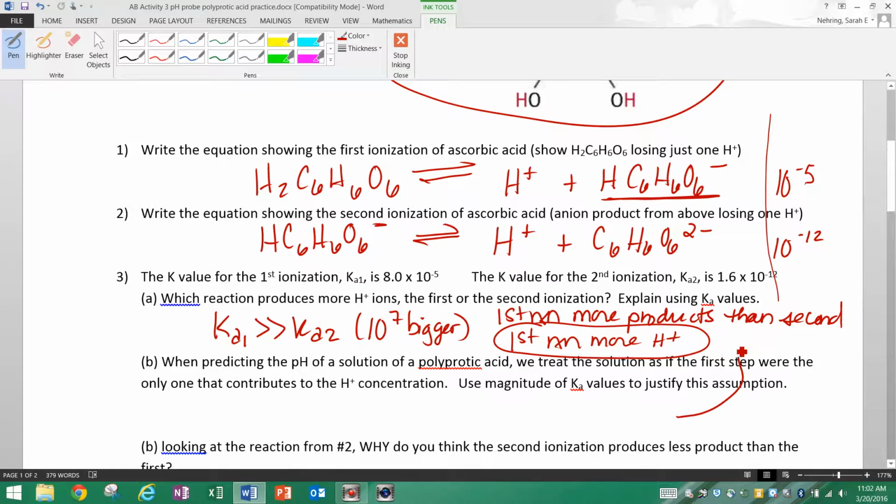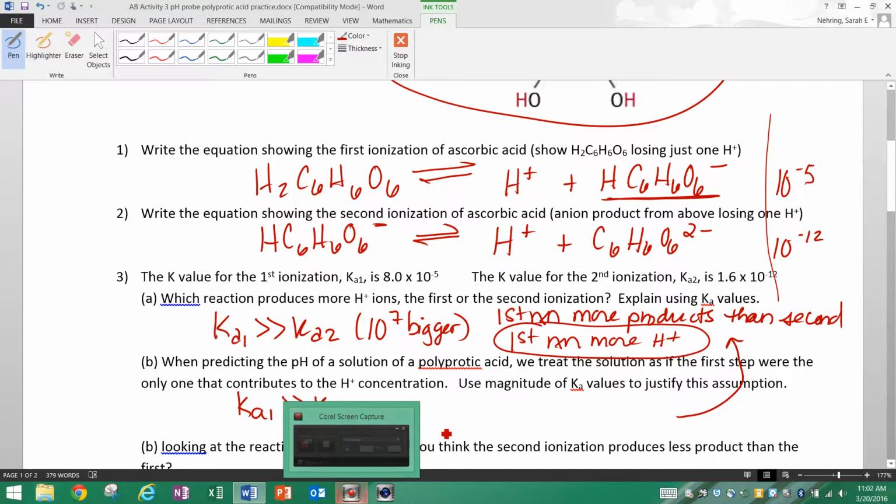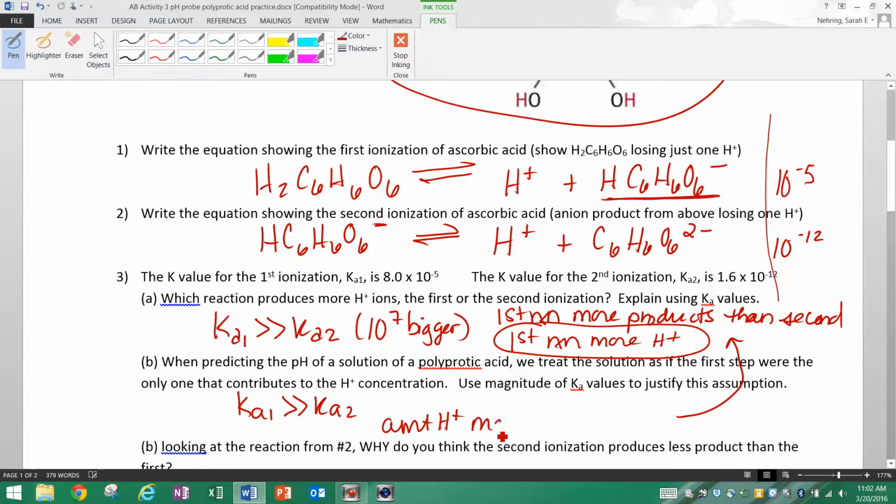So basically what we just saw is, since the first Ka value is so much bigger than the second Ka value, the amount of H plus made in that second ionization is insignificant or negligible compared to the amount made in that first reaction. It's so much smaller that it's not going to make a big difference in my overall pH.